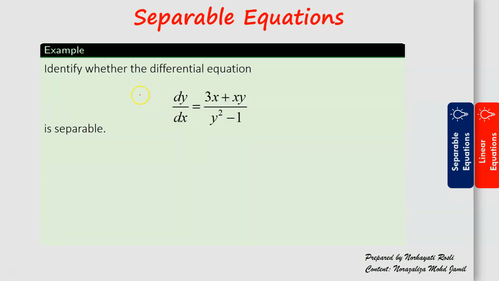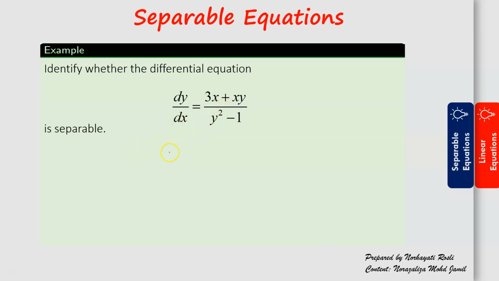Next class, we go to this example. Identify whether the differential equation dy/dx = (3x + xy)/(y^2 - 1) is separable or not. In this case, this one is separable. Why is it separable?